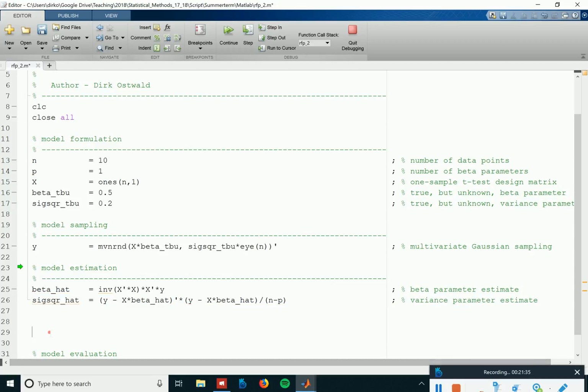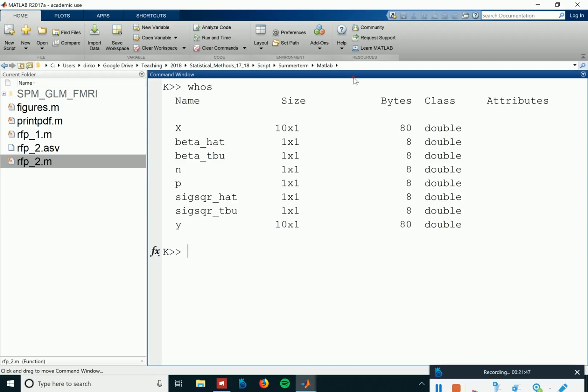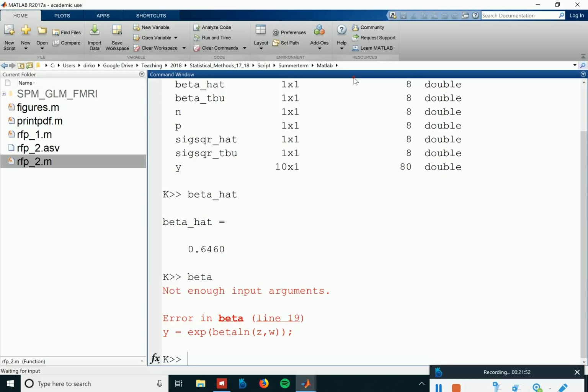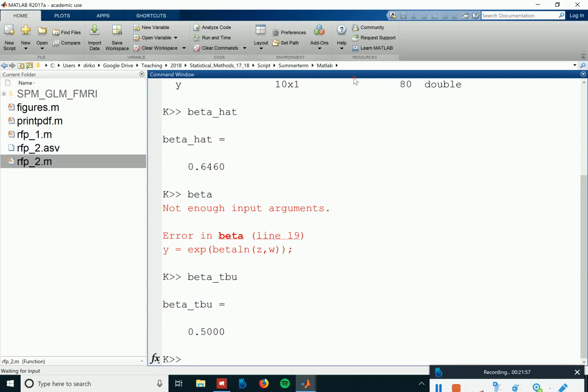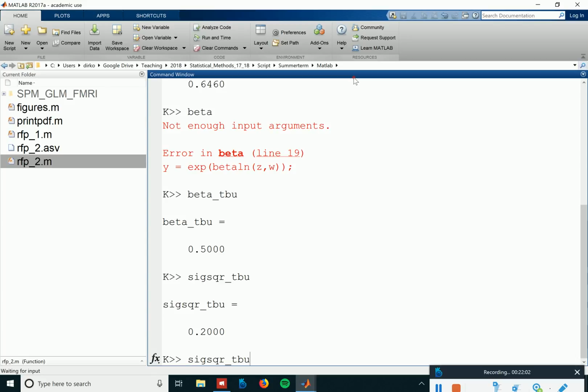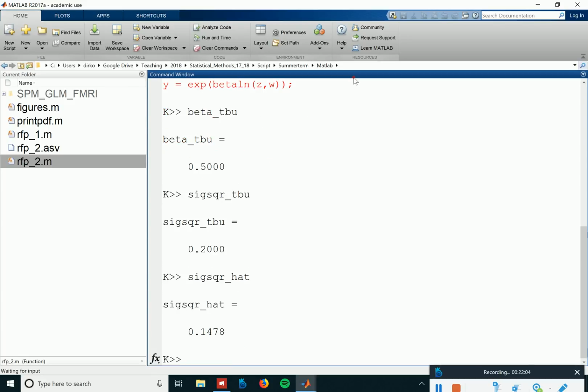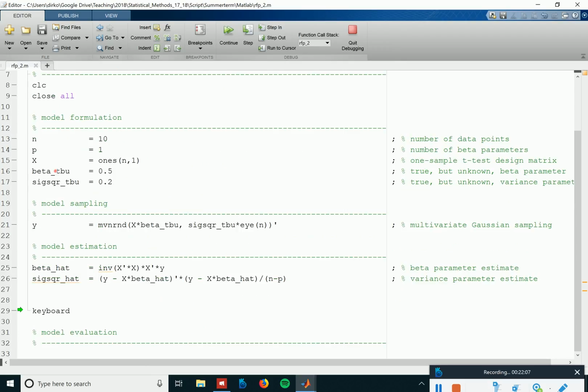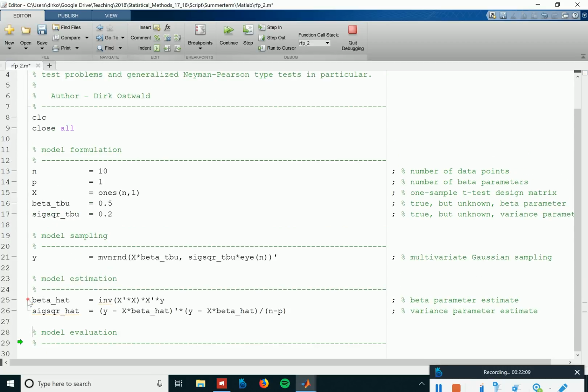Let's have a look. Now we have something new. Good, and then we want to do our t-test.